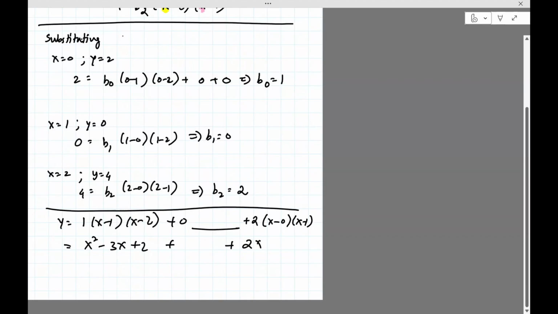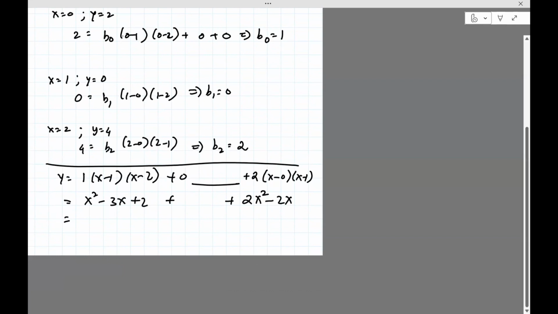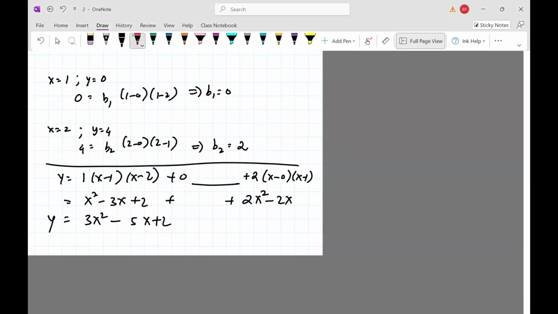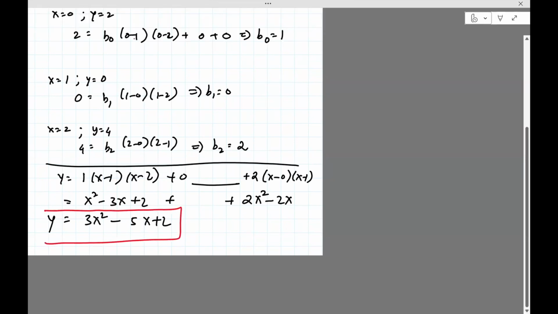And then you have 2x squared minus 2x. Okay, so when you do the addition, you have 3x squared minus 5x plus 2. Okay, so here's the equation. 3x squared minus 5x plus 2.